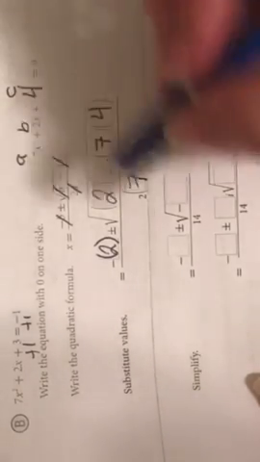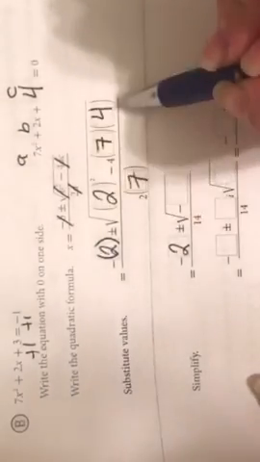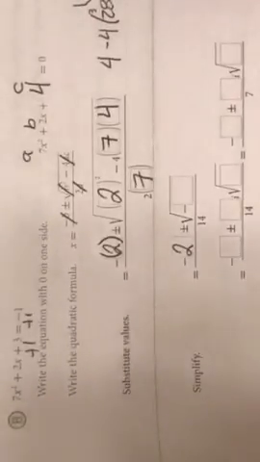Then we simplify. Negative of a positive 2 is just a negative 2. Then I'm going to solve this down. 2 squared is 4 minus 4 times 28. So 4 times 7 is 28.